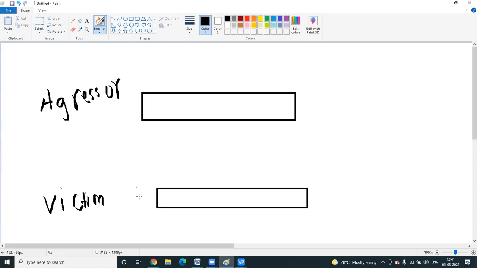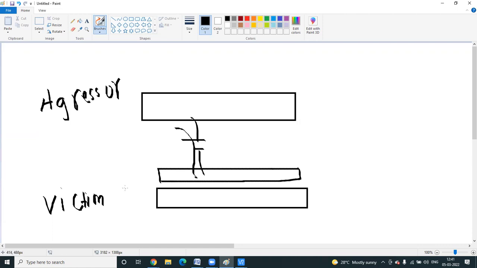Victim means the one that is affected by the noise. In the previous example, this capacitor is affecting, and this is the victim. Victim means this time the signal is reducing. This is the aggressor, this is the victim. First identify between aggressor and victim, that I'll also tell you. Someone is causing damage to another signal.